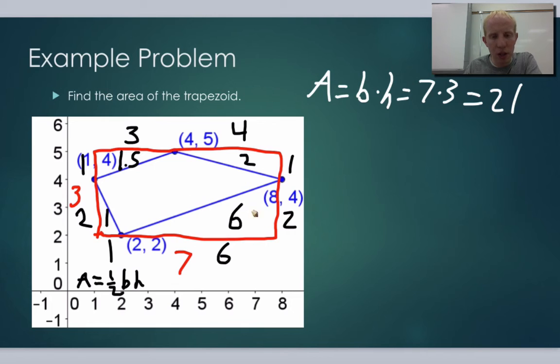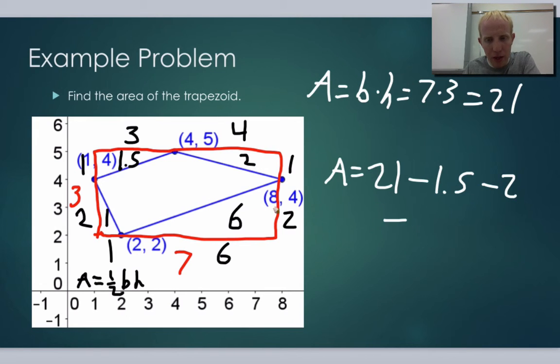So all we do is say that the area equals the area of the whole box, the big huge box, minus 1.5, minus 2, minus 1, minus 6.